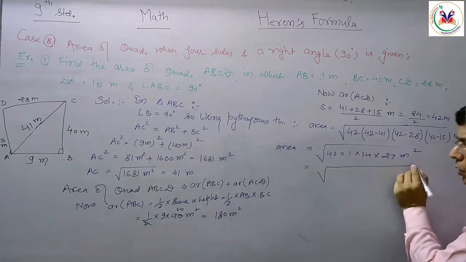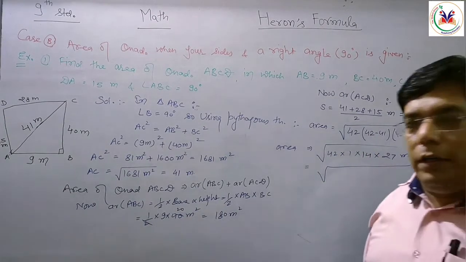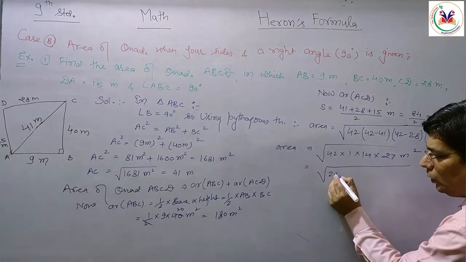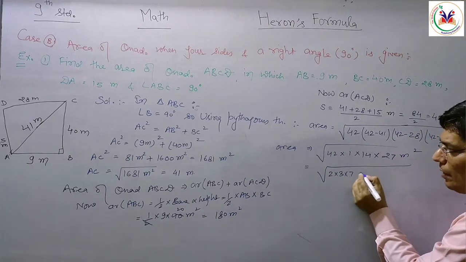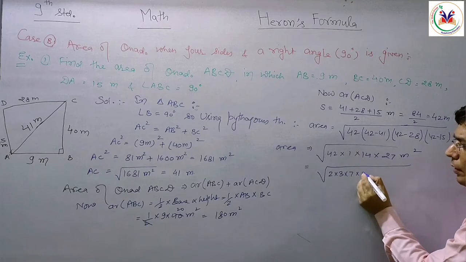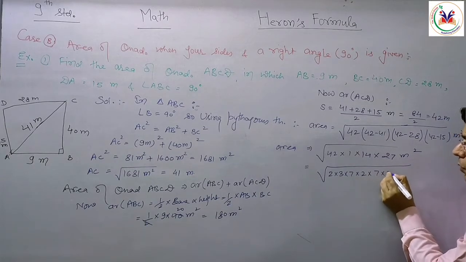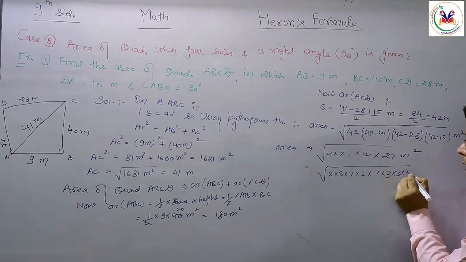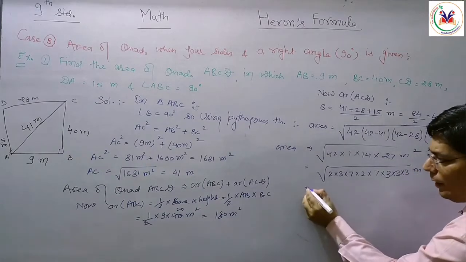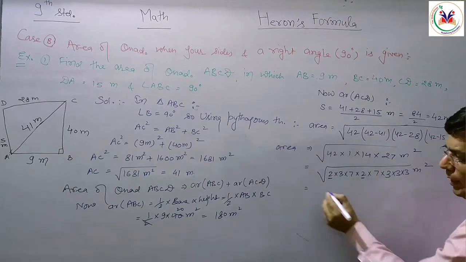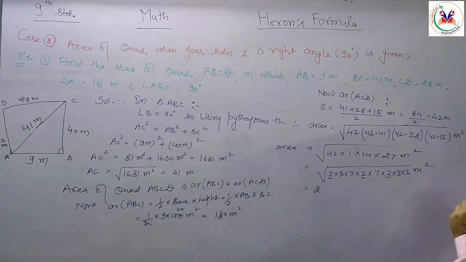Now what should we do? We should calculate the factor of 42. 2 into 3, 2 3 is 6, 7 is 42, 14 का 2 into 7, 27, 3 into 3 into 3 meter square.